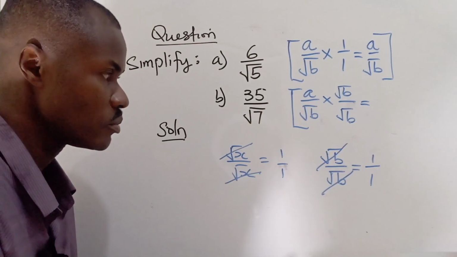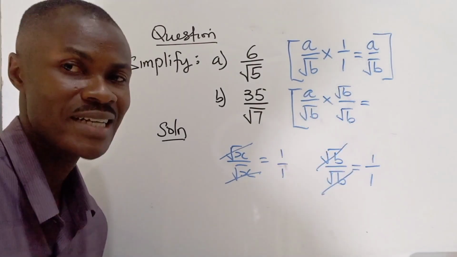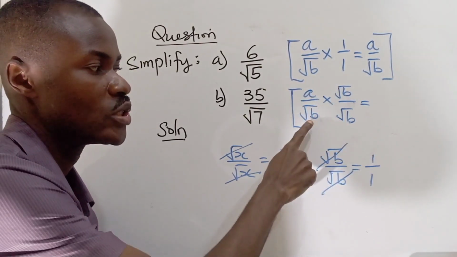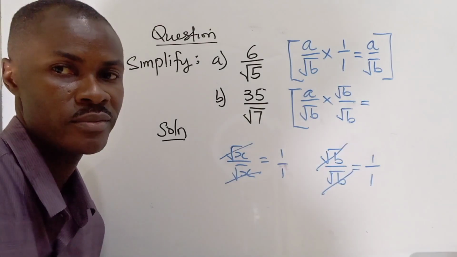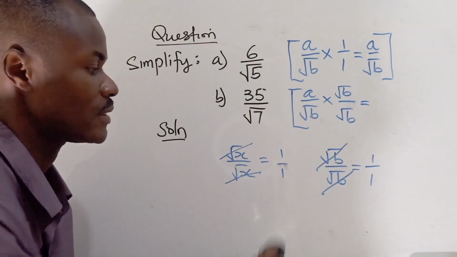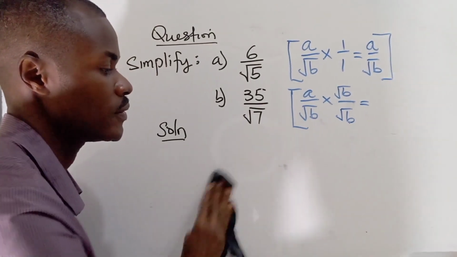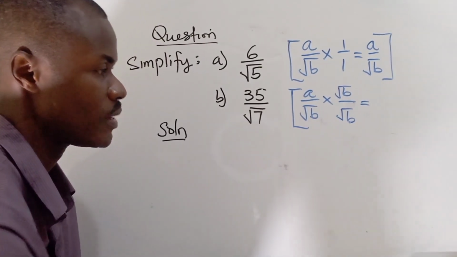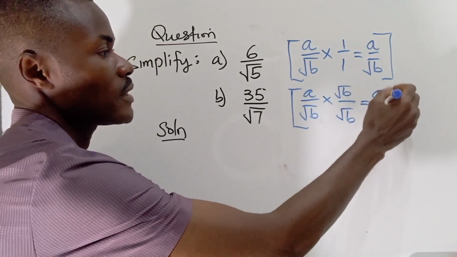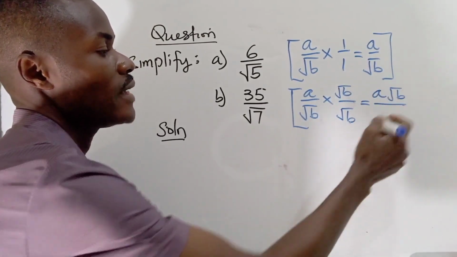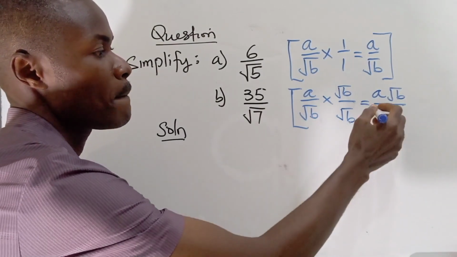So this can now be solved in such a way that this sign goes out. So let's multiply it and see what that gives. On multiplying it, I'm going to have A times what? So we have A times root B divide. Now this should be what?